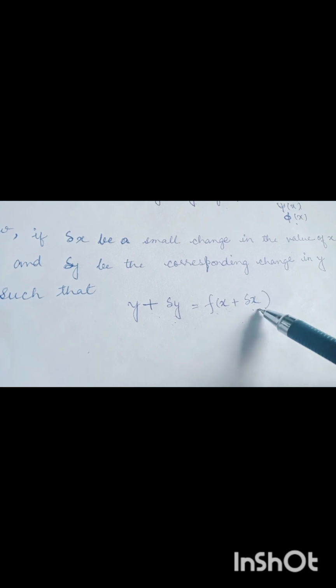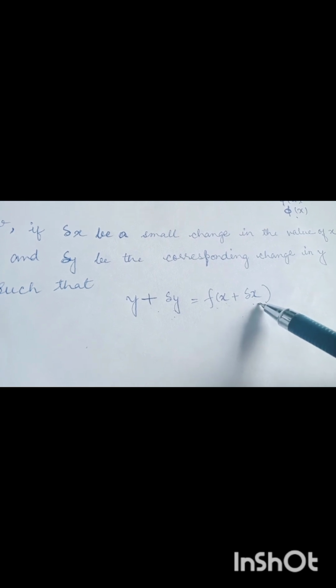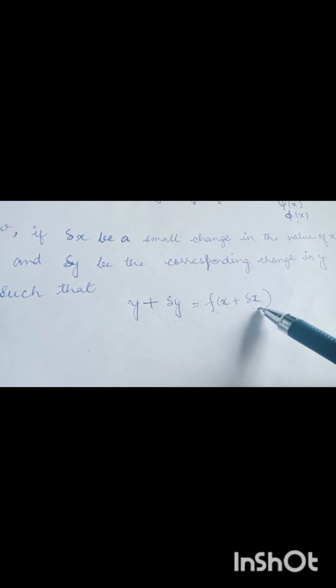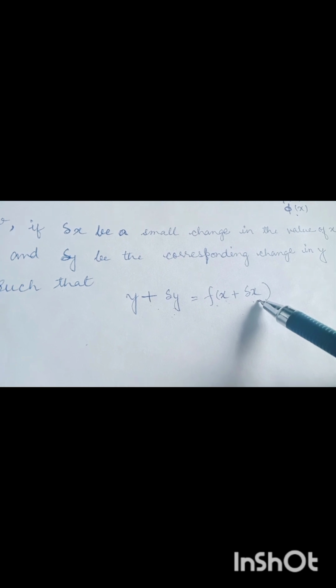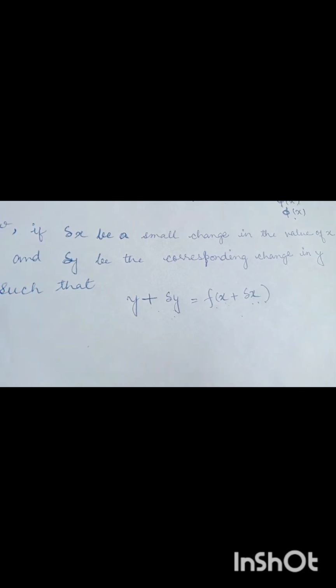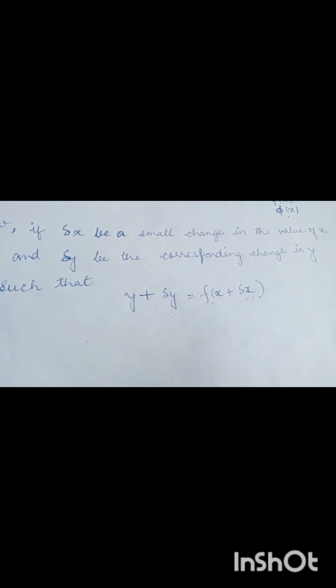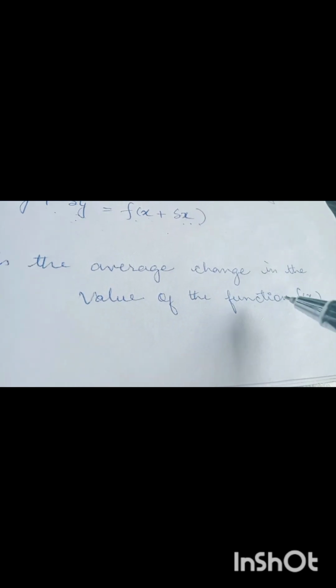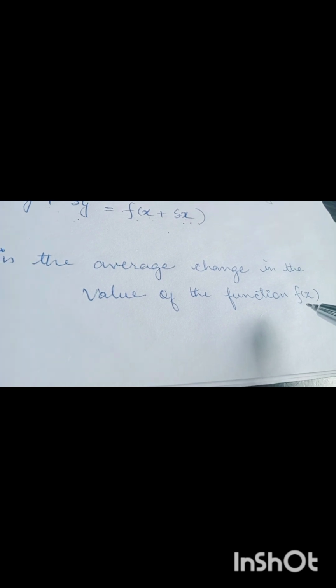The average ratio of increment in y to the increment in x is related to the differential or derivative of the function. So delta y by delta x is the average change in the value of the function f(x).